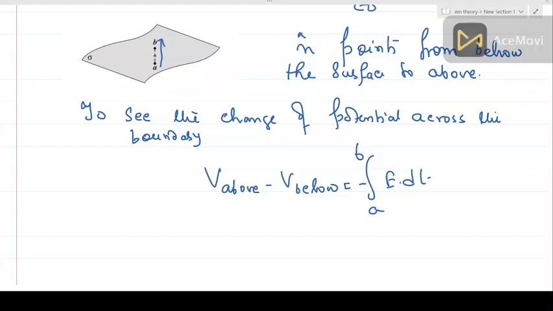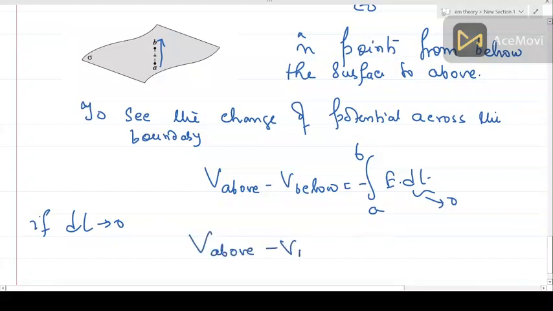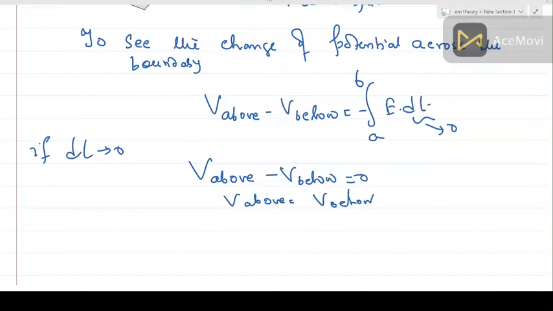Now if this length dl tends to 0, then the right hand side will become automatically 0, and V above minus V below is equal to 0, so V above is equal to V below. So you see that the potential appears continuous.